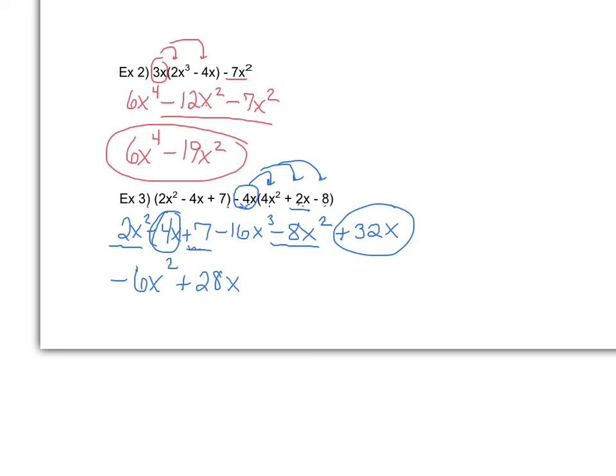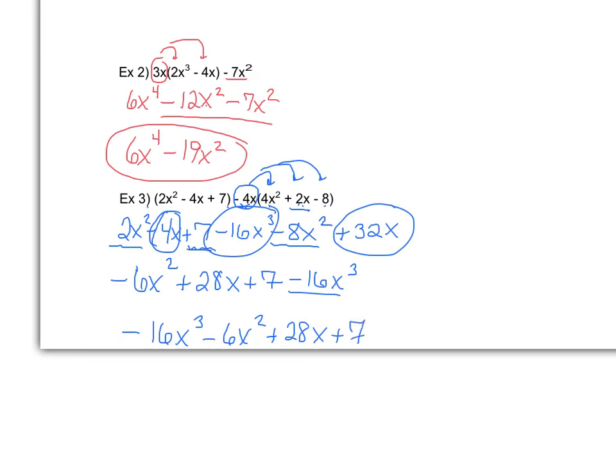Plus 7 is just going to drop down. There are no other constants. And I have just that one cubic term, so that also will just drop down. Rewriting in standard form, sign belongs to the number, so I'll start with a negative 16x cubed minus 6x squared plus 28x plus 7.